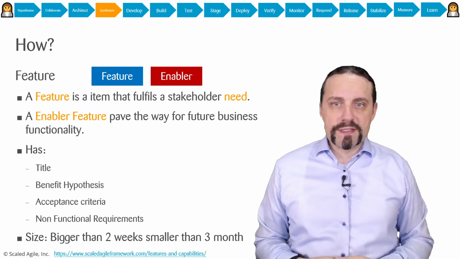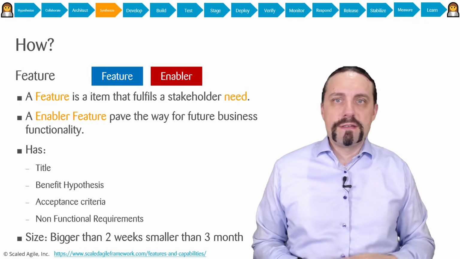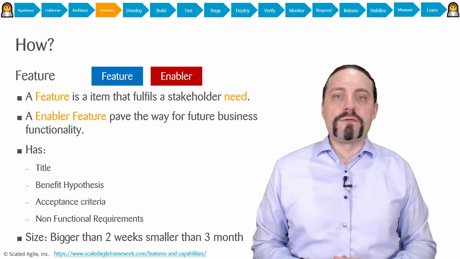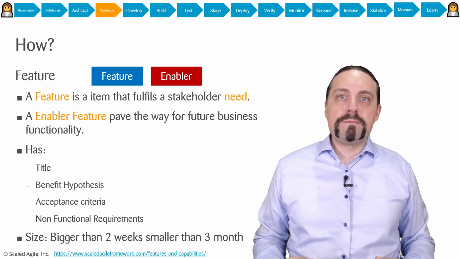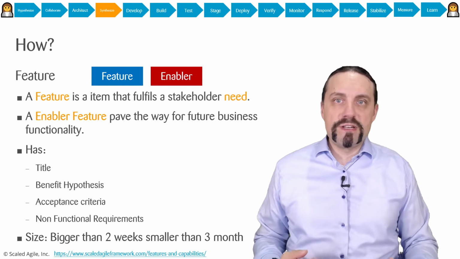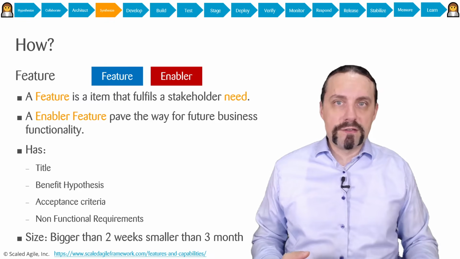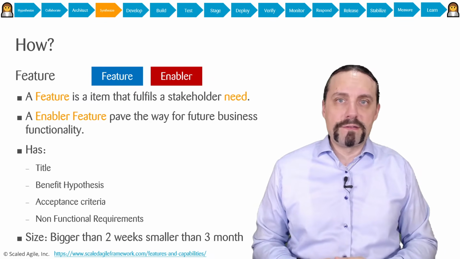A feature consists of a title, a benefit hypothesis, and it has acceptance criteria and non-functional requirements. A feature should always be bigger than a sprint or an iteration. So if you have a 2-week iteration or sprint, then it should be bigger than that.